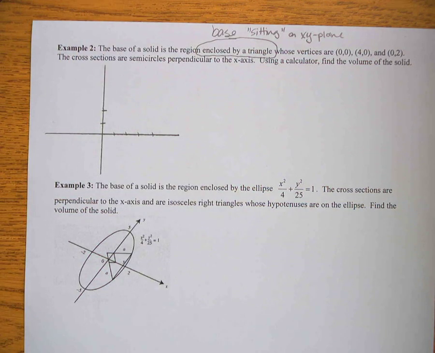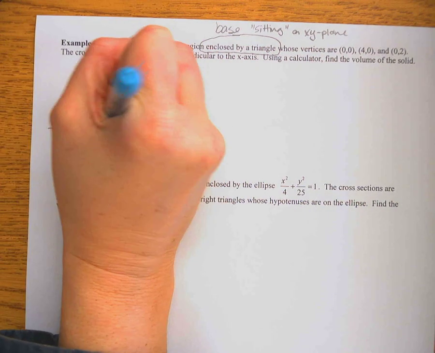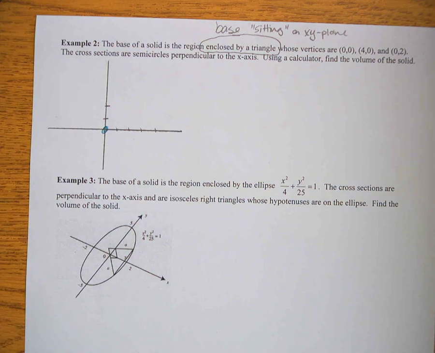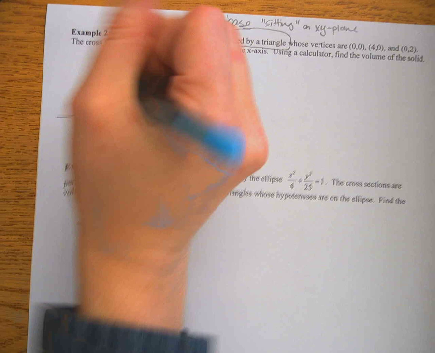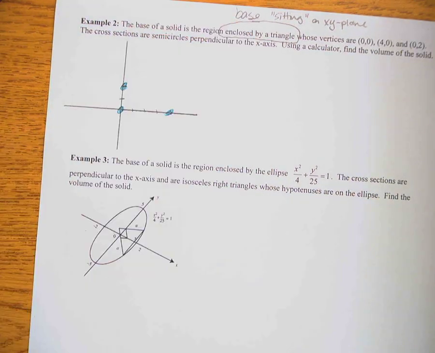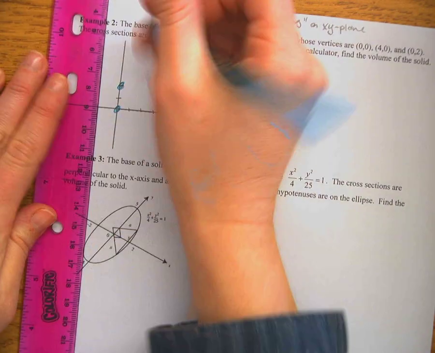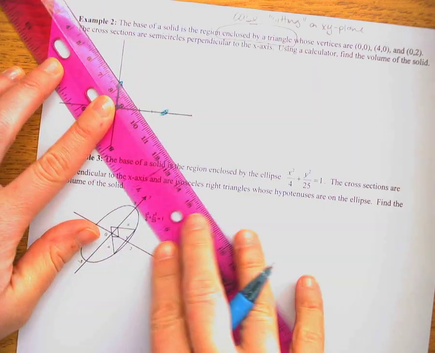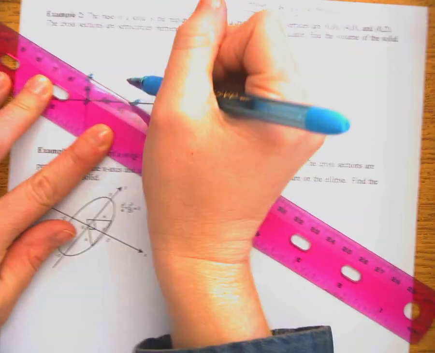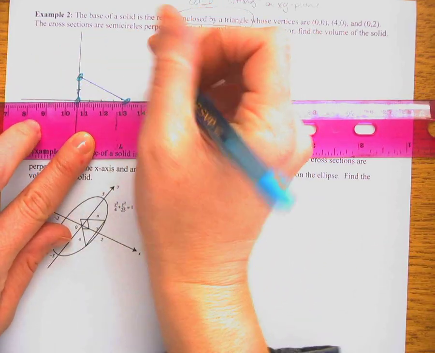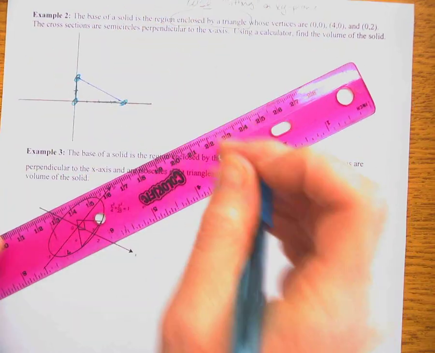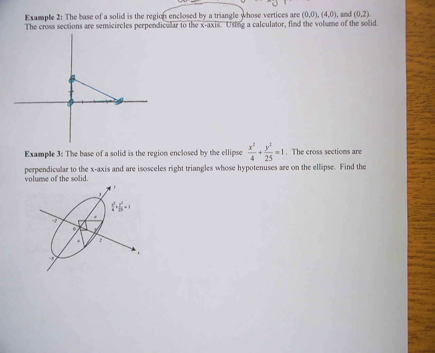So I have vertices at (0, 0), (4, 0), and (0, 2). Okay, so there's our region enclosed by this triangle.